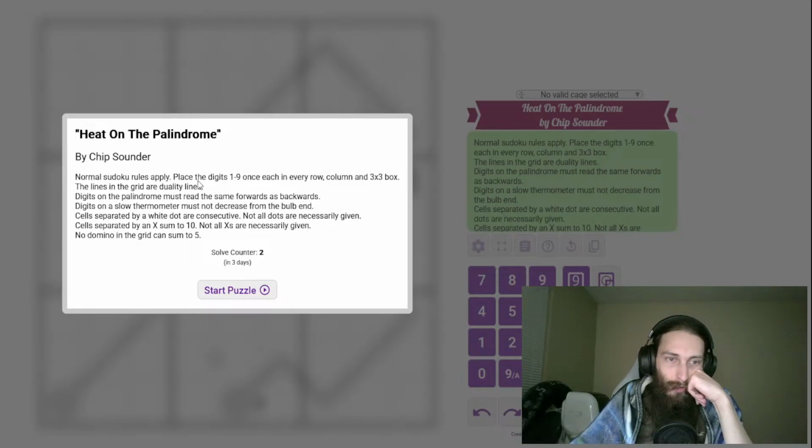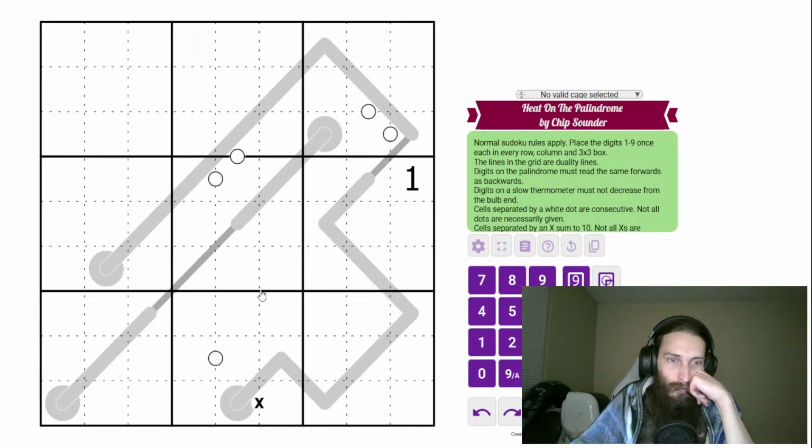The lines in the grid are duality lines. As in that they are palindrome lines and slow thermometer lines? Well, that wouldn't make sense.